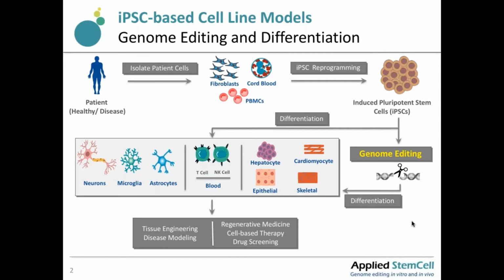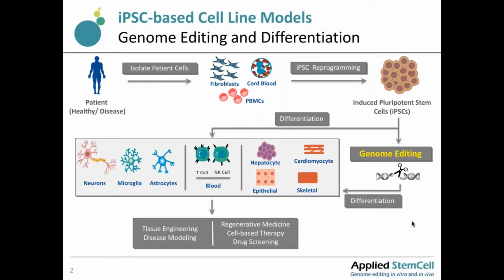And iPS cells can then be either genetically modified to make mutations or correct the mutations, or it can be differentiated into any cell types in a human body, such as neurons, blood cells, hepatocytes, epithelial cells, muscle cells, and cardiomyocytes.